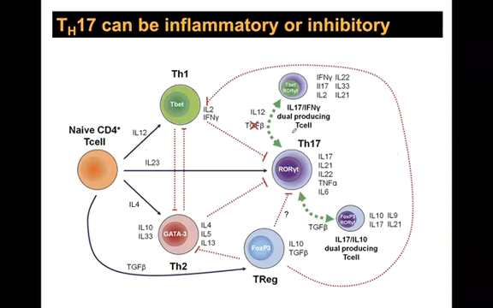Now let's say you've got this Th17 cell, it's directing an IgA response, but instead of getting those suppressive cytokines, it gets an inflammatory signal in the form of IL-12. Well, then it becomes more like a Th1 cell, okay? And it becomes inflammatory.